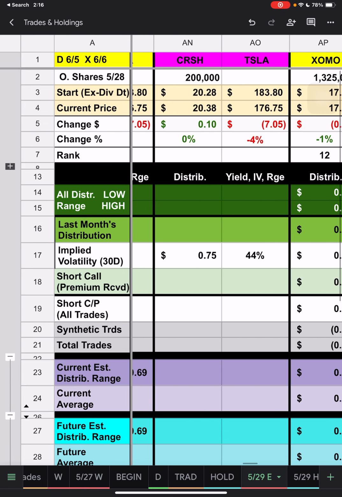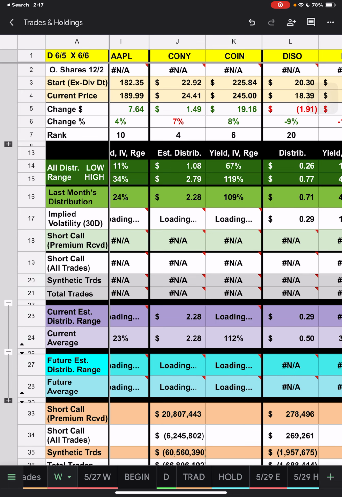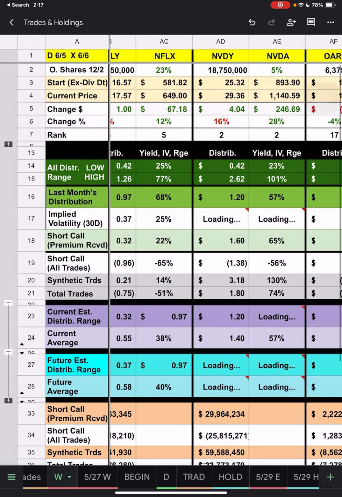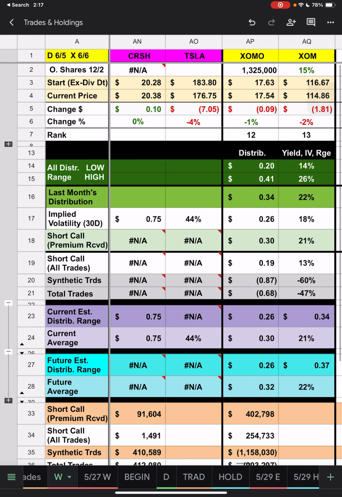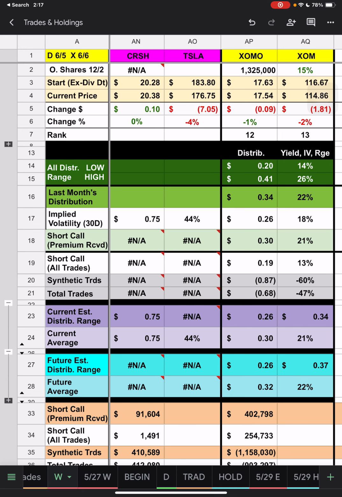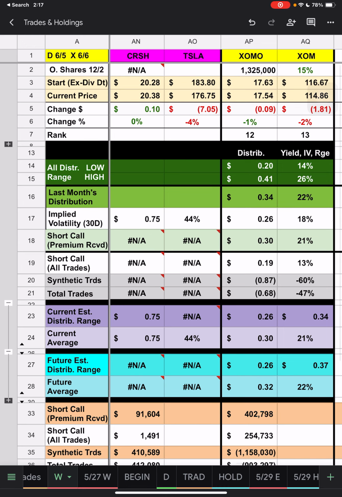So let's go back down here to Crash. And actually what we need to do is go over here, since that sheet appears to not have all the formulas for some reason. Here we have the actual IV. Yeah, and the trade data is down here.